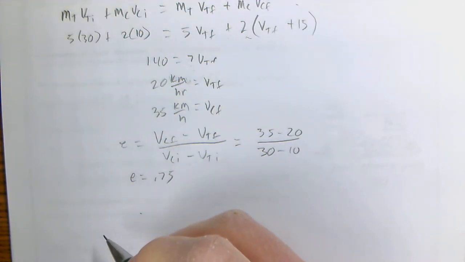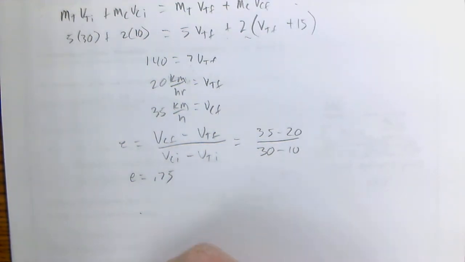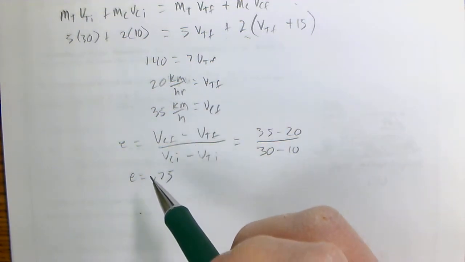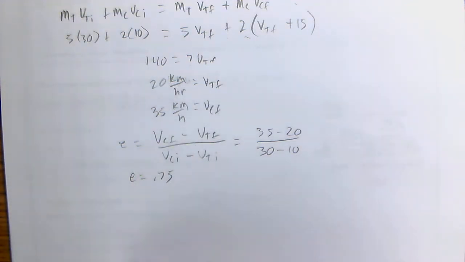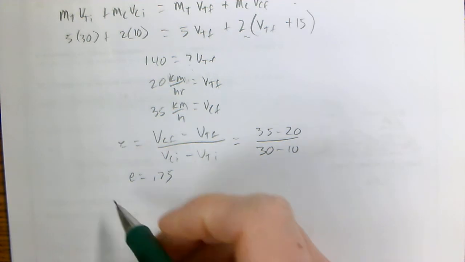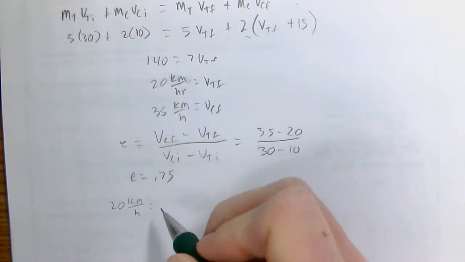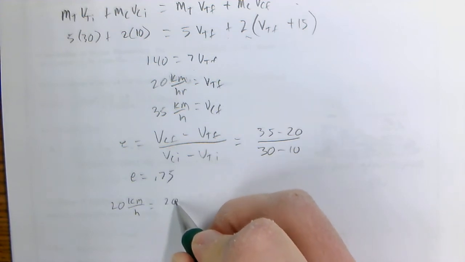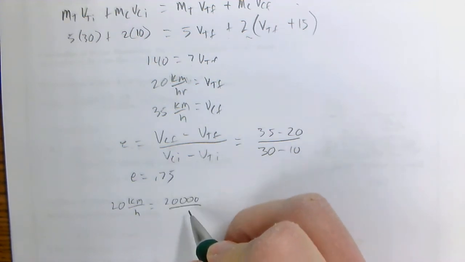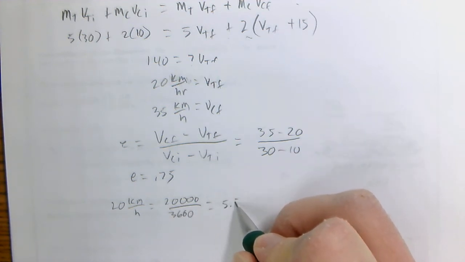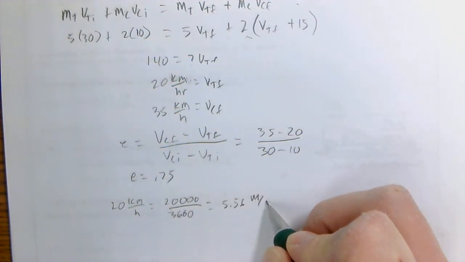Now we'll do the energy loss. The first thing we need to do is convert kilometers per hour to meters per second, to get the right units. And instead of using 5 and 2, we'll have to use 5,000 and 2,000. So 20 kilometers per hour equals 20,000 divided by 3,600, and that equals 5.56 meters per second.